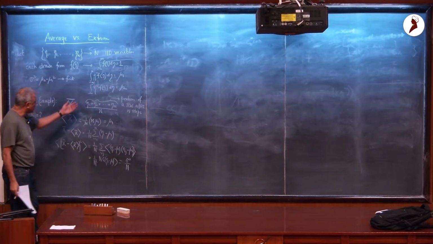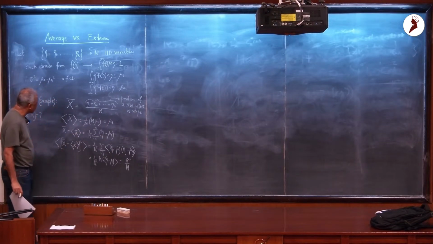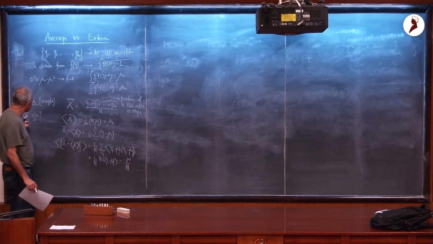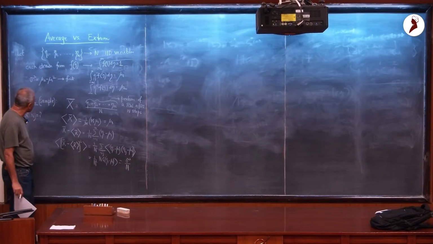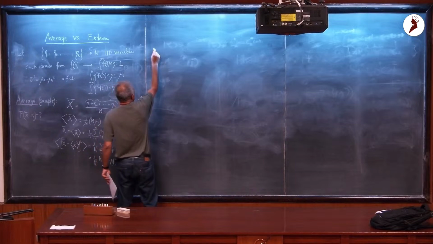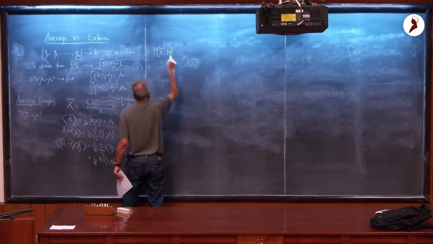We showed in the last lecture that this sum, the position of a random walker after n steps, by the central limit theorem, if these conditions are valid, converges in the large n limit to a Gaussian distribution. And for a Gaussian distribution we just need the mean and variance.